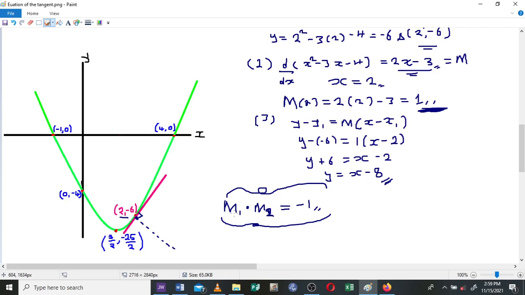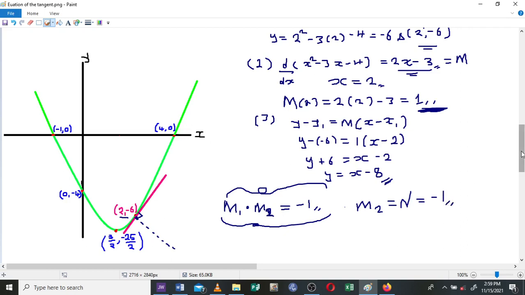Now if m1 is positive 1, then m2 should be negative 1, for this to be satisfied. So the gradient of the normal line, which is m2, is negative 1.